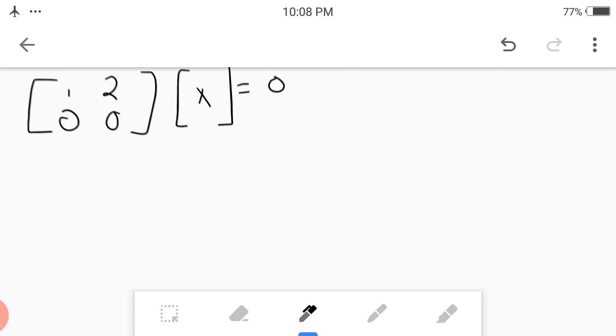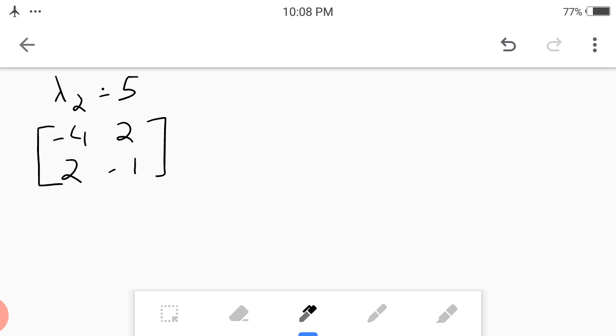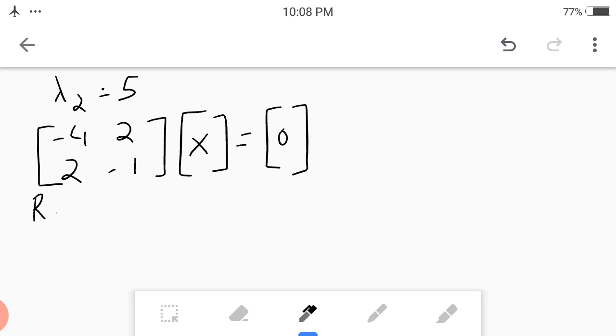Now let's quickly calculate for lambda 2, that is 5. What do you get? The matrix changes to 1 minus 5, that's minus 4, 2; 2, 4 minus 5, that's minus 1. So this times x should yield 0. What is the row operation? R2 equals 2R2 plus R1.